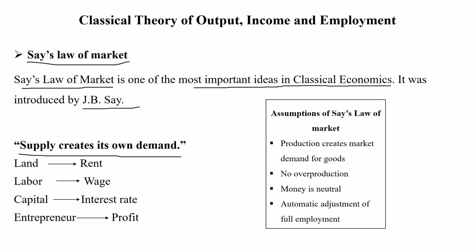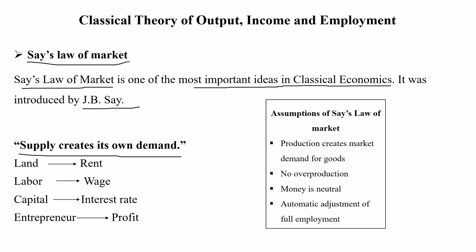When these inputs are involved in production, they create income, and that income creates the demand for goods and services. This is the classical thought, and this is the way of creating full employment in the economy.